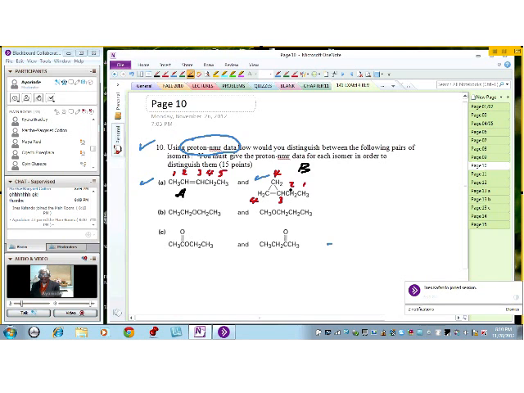On the other hand, in molecule B, you will only have 4 different signals. Okay? So now let us go to number B.